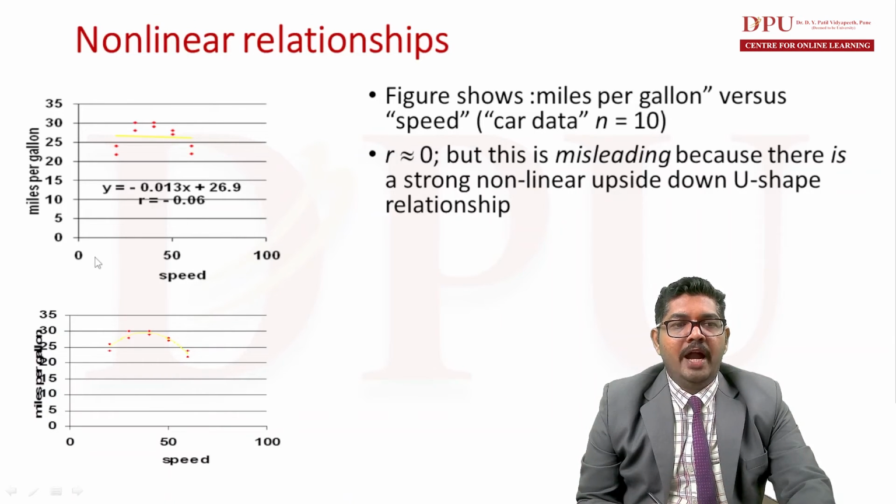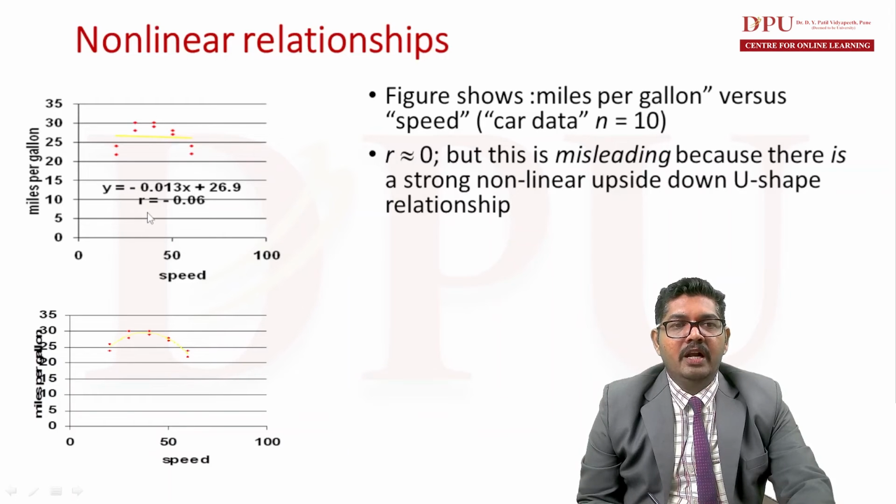Because we know that initially when we go on increasing the speed up to some speed limit, the mileage goes on increasing, and after some speed limit the mileage decreases. So this is how the fuel efficiency is. Fuel efficiency increases with the speed up to some point, and after that point the fuel efficiency decreases, and that's why we have an inverted U-shaped scatter plot here.